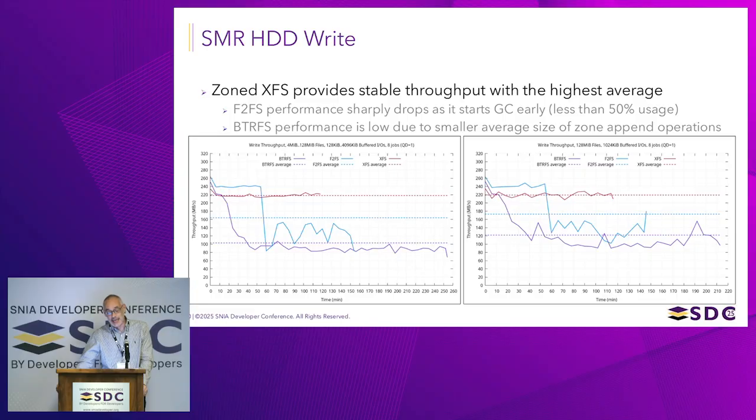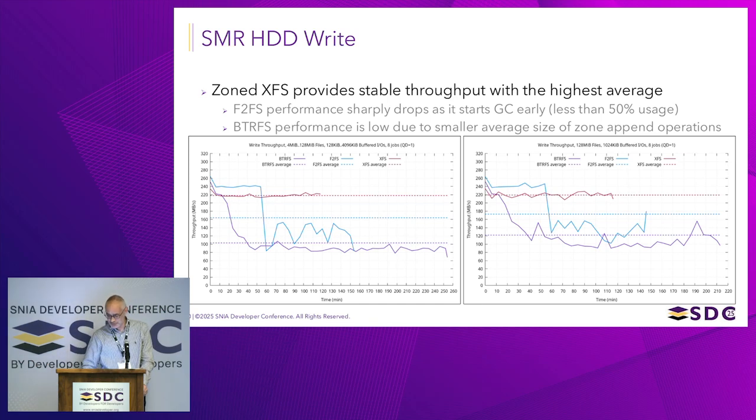Its main problem is that it's way too aggressive with garbage collecting. It starts garbage collecting really early, and that's the big drop you see there, which is also, by the way, a limitation due to its use of the regular write command instead of zone append, which kills its performance as well.